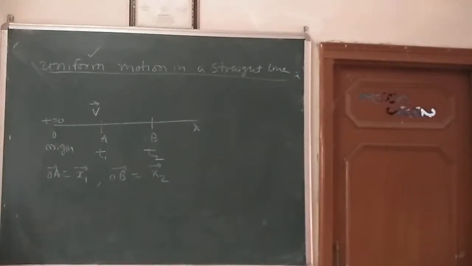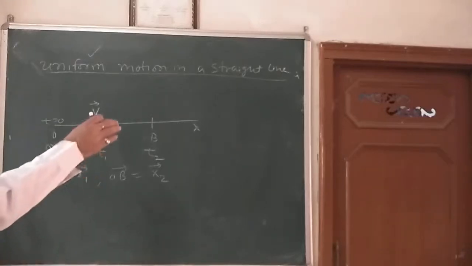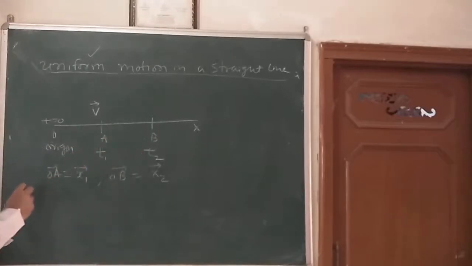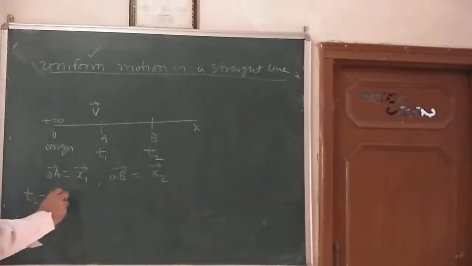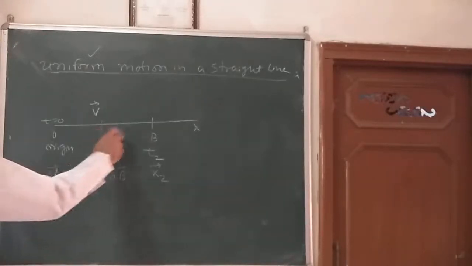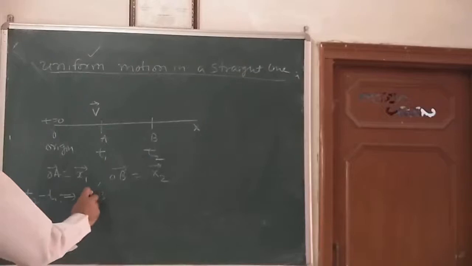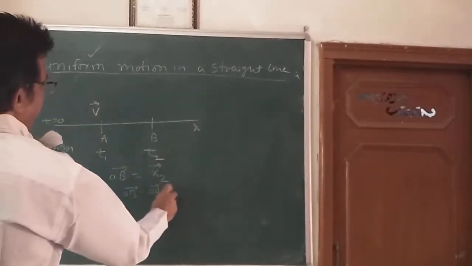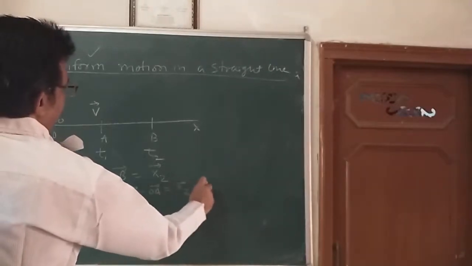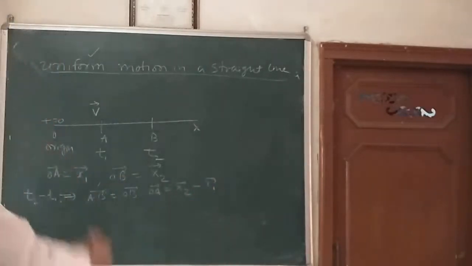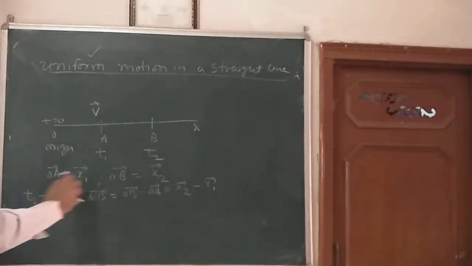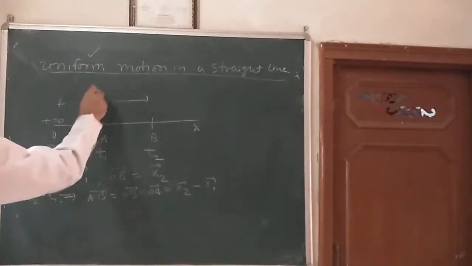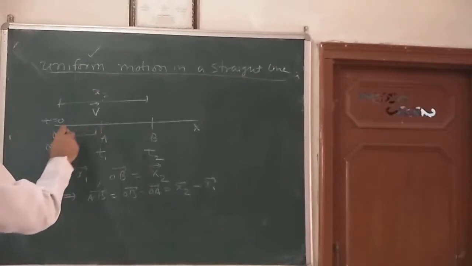So I can say the displacement of the object in the time interval t2 minus t1 is equal to AB, and AB is equal to OB minus OA. OB is equal to x2 and OA is equal to x1.